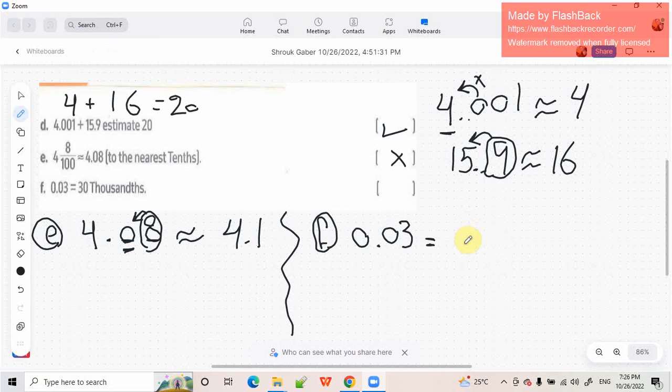We have 3 digits. After 0 point, we have 3 places. Okay, 30, we see the last digit must be in this place value. I will write 30 here. And the rest will be zeros. Okay, now 0.03 equals 0.030. Yes, because we can put 0 on the right hand. For now, it's very easy.